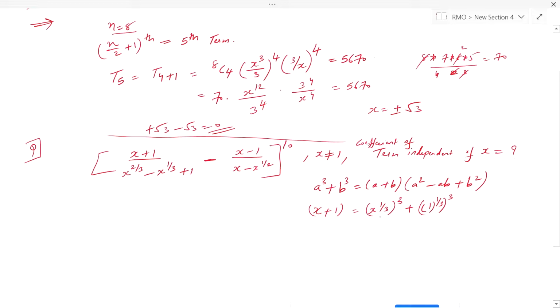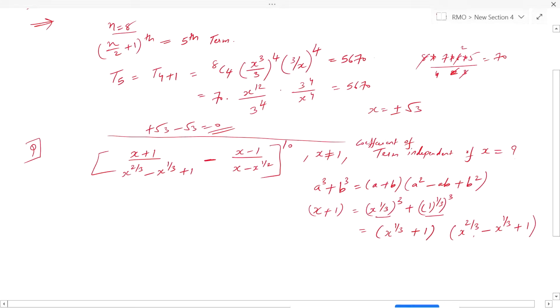So now this is a cube plus b cube. So I will write (x raised to 1 by 3 plus 1) into (x raised to 2 by 3 minus x raised to 1 by 3 plus 1).